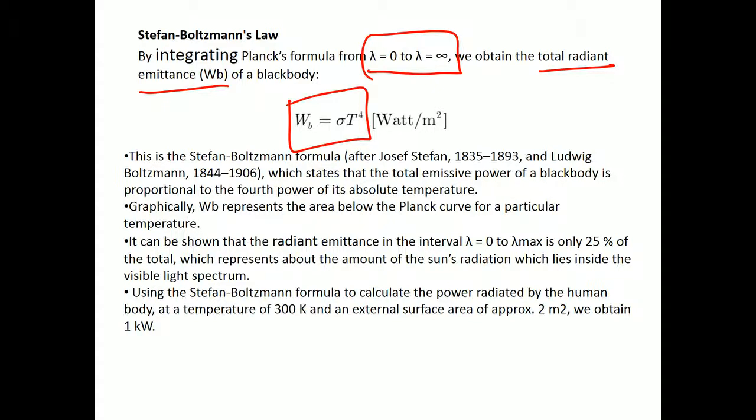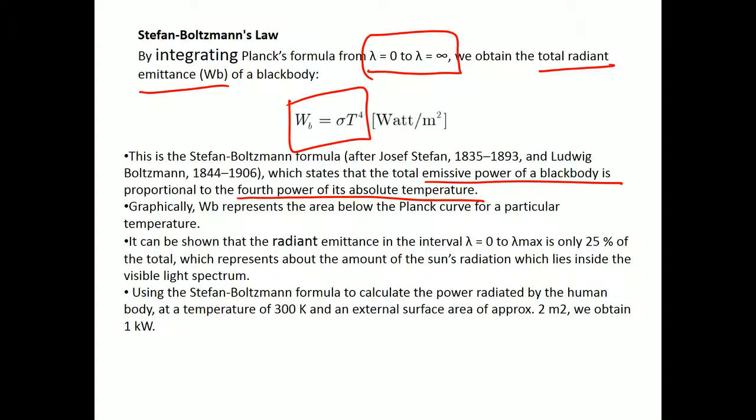This states that the total emissive power of a black body is proportional to the fourth power of its absolute temperature. Graphically it represents the total area under the Planck's curve. Take any of these Planck's black body spectra, integrate it out, and the total area under the curve is what we are writing over here.